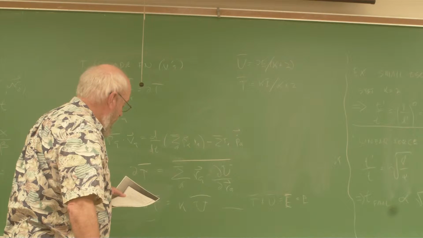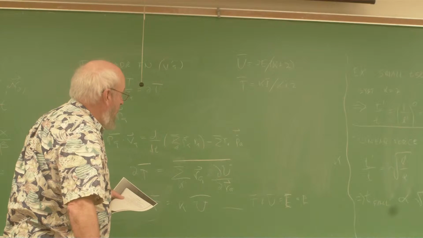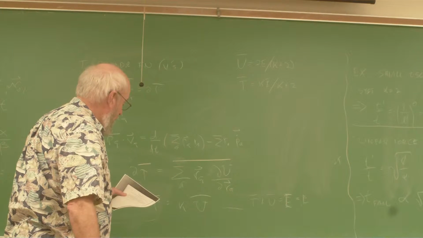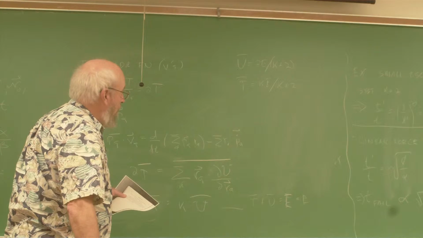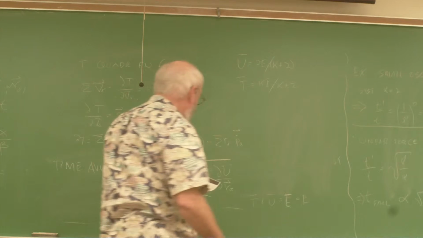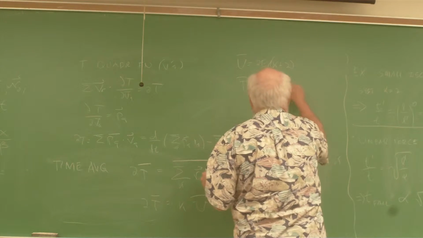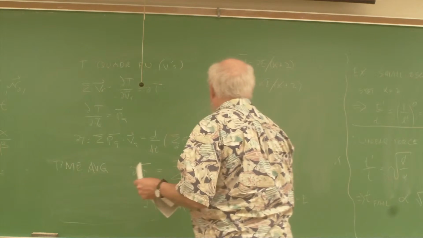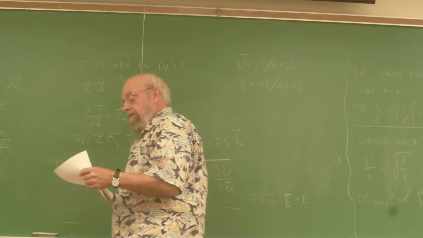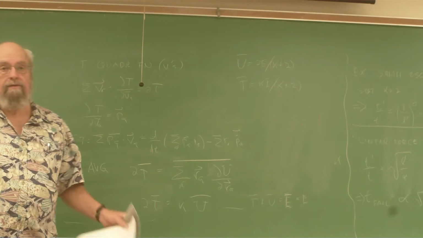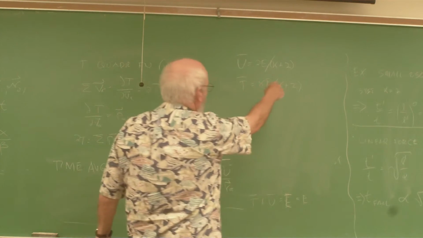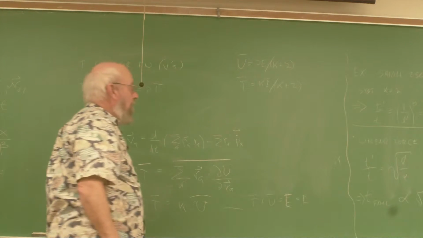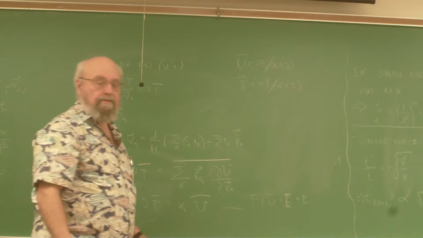For the small oscillations case, for example, when we put in k equal 2, you see that T bar is equal to U bar for the small oscillations case, right? So we get 2 over 4 both cases.